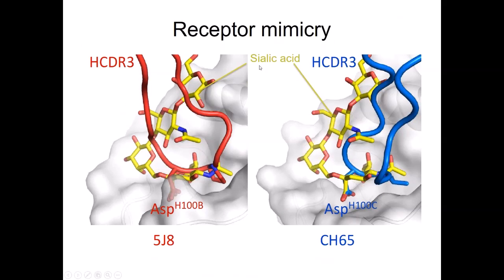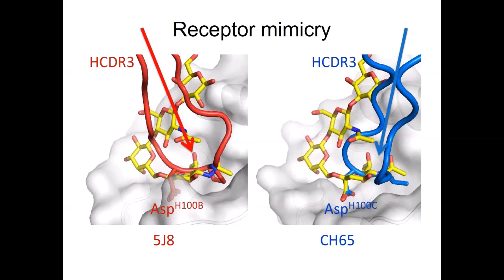And if you look closely at the CDR3 representations, again, the sialic acid is in the same position, of course, on the same HA, but again, you're getting different angles of approach of these independently derived human monoclonal antibodies.